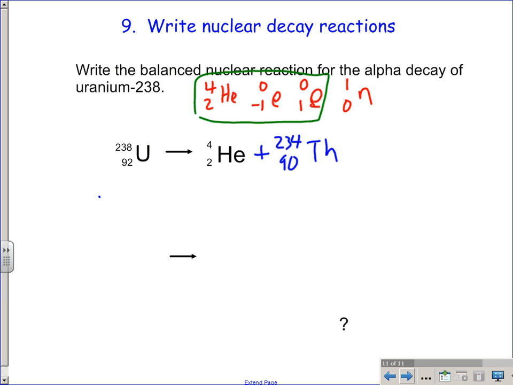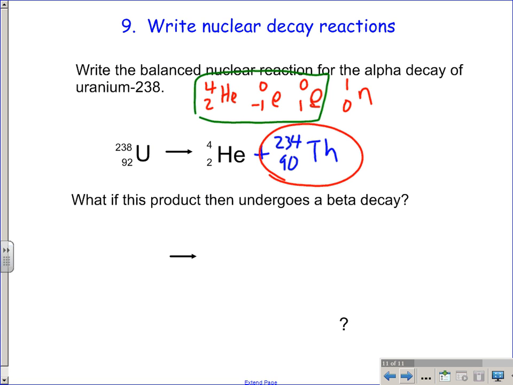Now, what happens if it says in my question, what if this product then undergoes a beta decay? So what's my product here? Well, that's my product. So that's going to be my starting point in the next step. Well, it's undergoing a beta decay, so that means I'm going to be releasing a beta particle, which is that one. So that's got to be one of my products.